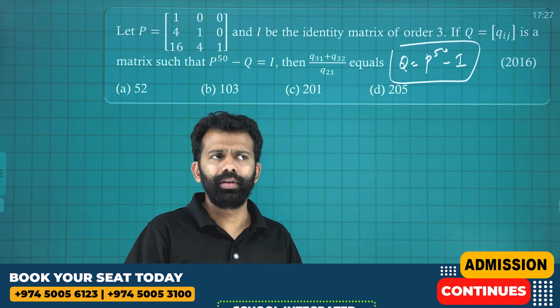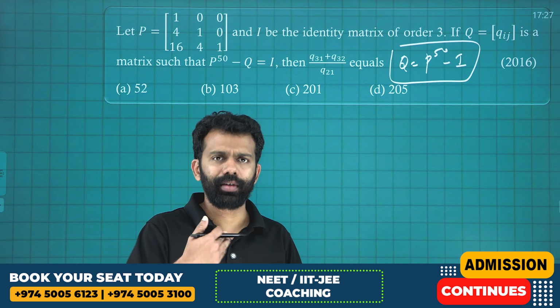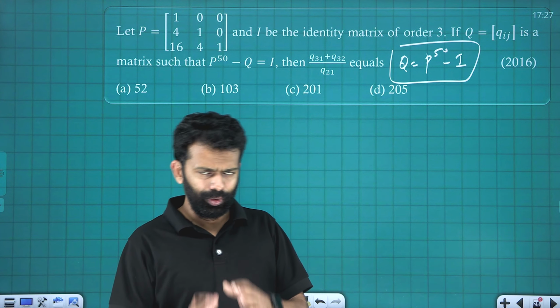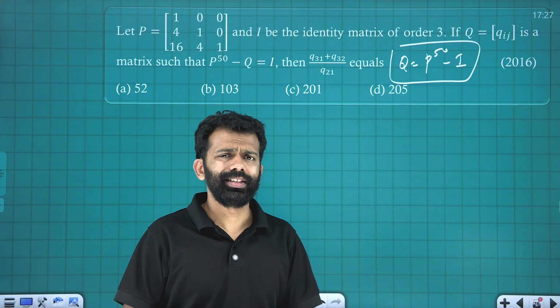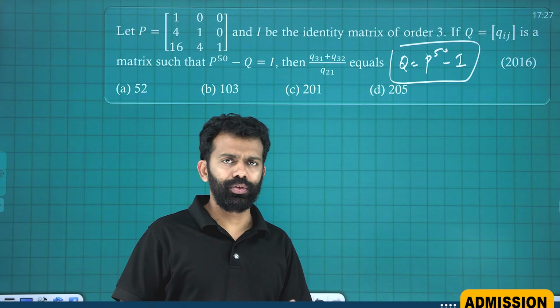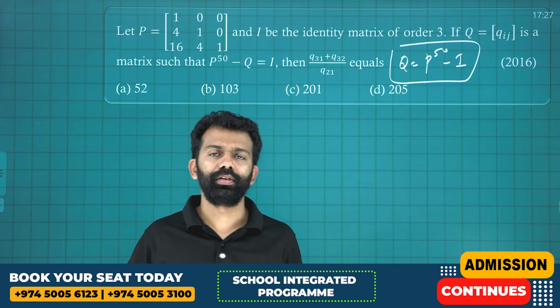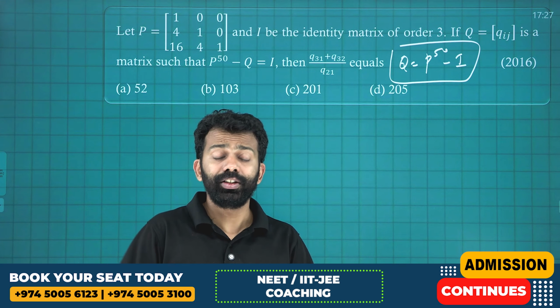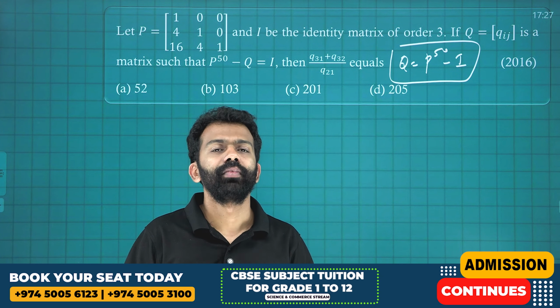You will get P raised to 50, but is it necessary to find P raised to 50? That's the obvious question which you need to ask yourself. No, for higher powers of P, it is not difficult. It is not necessary.